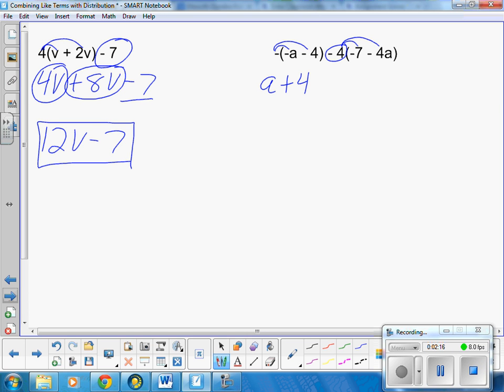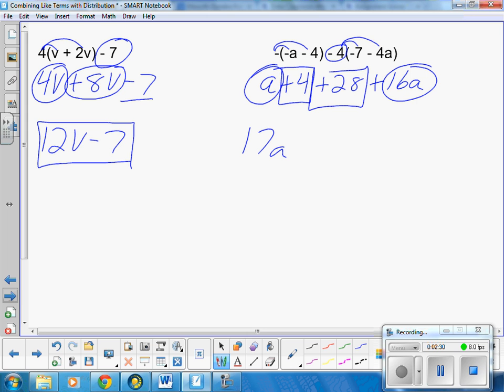So that's going to give me plus 28 plus 16a. My a and my 16a give me 17a. My 4 and my 28 give me 32. So I get 17a plus 32.